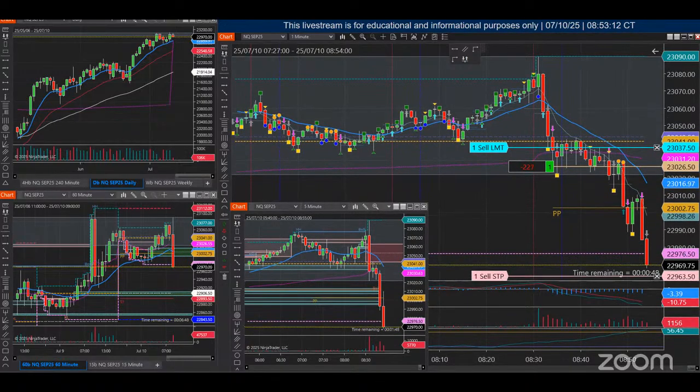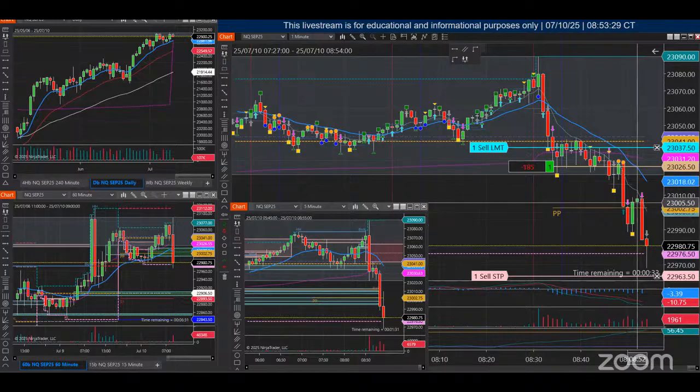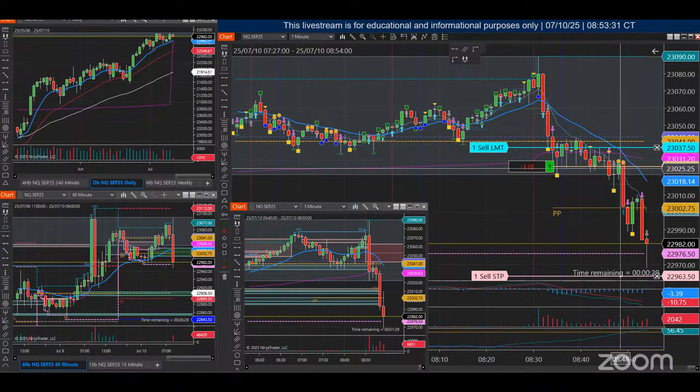Okay, so this is a very big slap. It even hit the pre-market low. So this is the second leg that I was talking about. First move down, second move down.